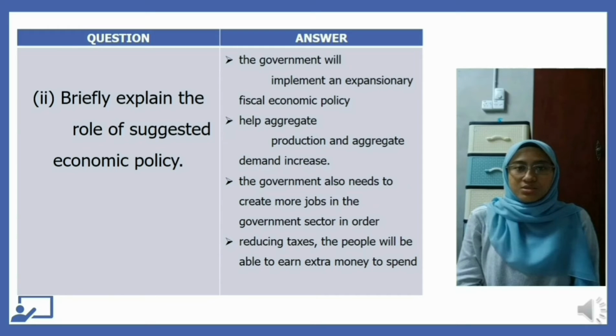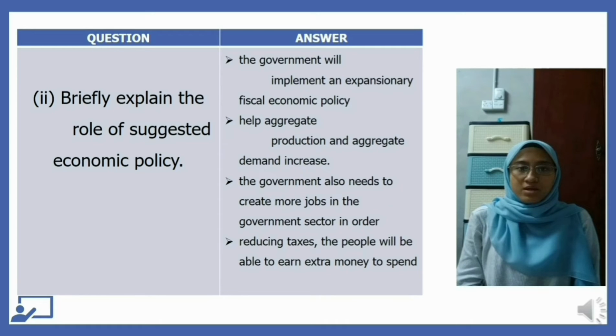So the answer is, during the COVID-19 pandemic season, it is certain that the government will implement an expansionary fiscal economic policy because demand and supply decrease simultaneously. The role of the government in this expansionary fiscal policy is to reduce tax and increase government spending.